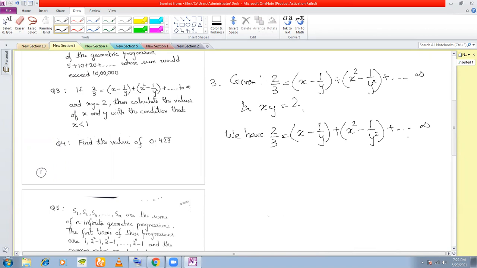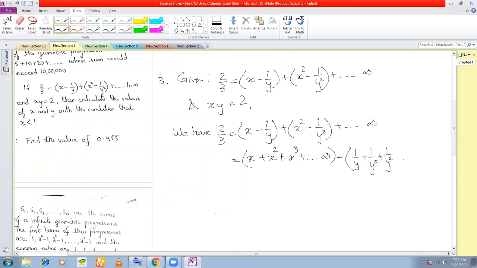Now what you do here is you take all the x's together, x plus x square plus x cube and so on, till infinity. And here you can take the y's together. So 1/y, since I'm keeping a minus sign outside, this will be 1/y plus 1/y square plus 1/y cube. That is why the sign changes within the brackets. And this will also be till infinity.